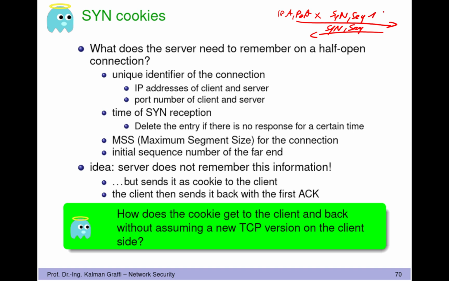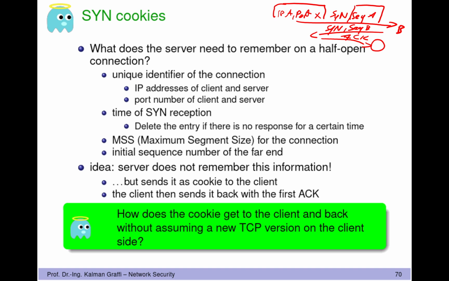This is from A and this is from B, and all of this information you want to put somehow in the message, so that the next time this is acknowledged, you get that information back. So you didn't have to remember it.